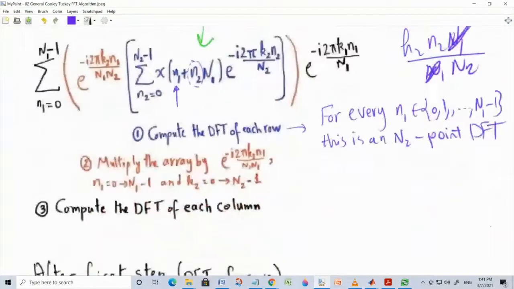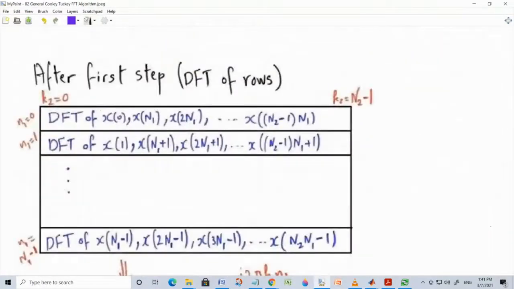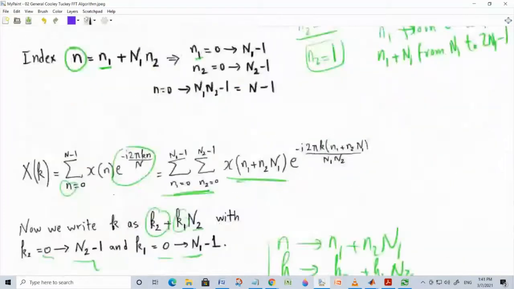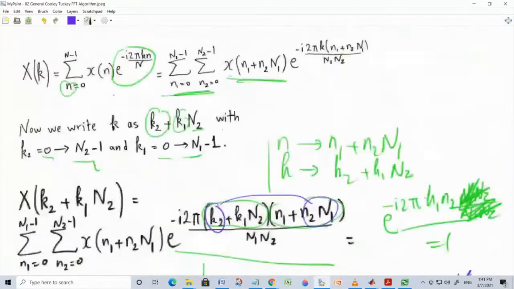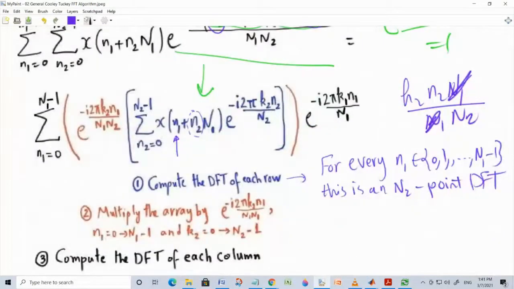Okay, and you can visualize it like you do the DFT of each row. Because if we go to the original array, what does it mean that you fix n1? It means that you are talking about a row. So in this inner summation, this blue sum, you compute the DFT of each row. And what is the size of this DFT?